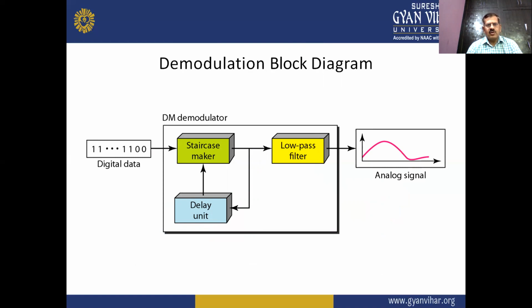That is the demodulation block diagram. In the demodulation block diagram, there is the digital data in the form of 111001. In the demodulator, there are some networks: the first one is a staircase maker, the second is a delay unit, and the third is a low pass filter.